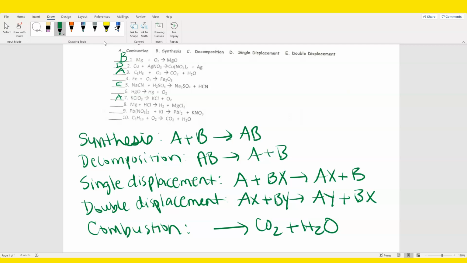Now, the ones that I did not do, I'm going to pause the video so that you can try them yourself. When the video comes back, the answers will appear. So I'm going to let you try number 4, number 6, number 8, 9, and 10. All right, try those out. And when you're ready to see the answers, then you can hit the video and hit play again.